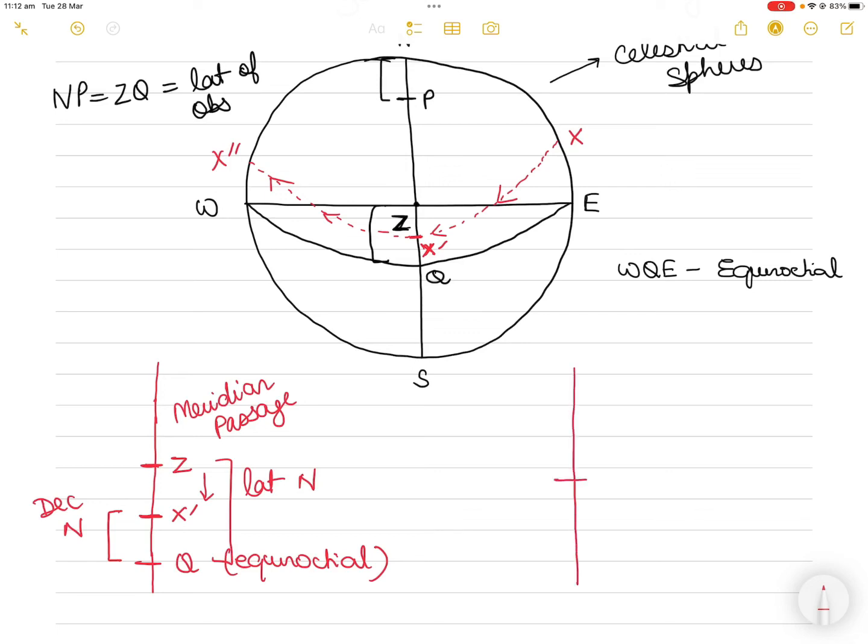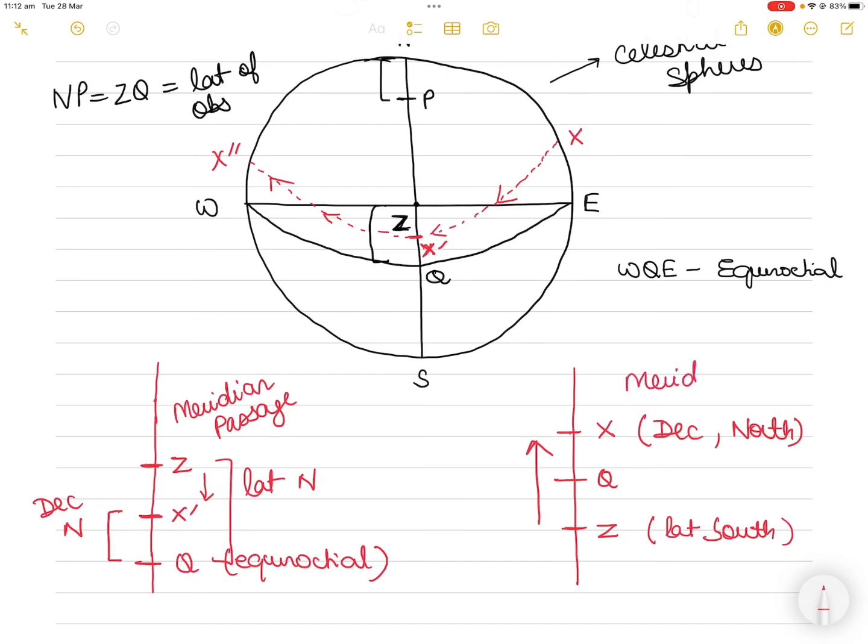This case could also be where the observer is south of the equator, so this becomes a south latitude, and the celestial body is north of the equator, so declination is north. So in this case, the sun is bearing north of the observer.